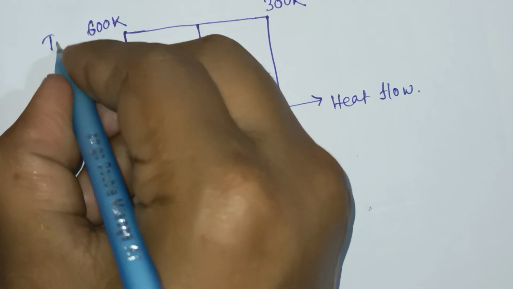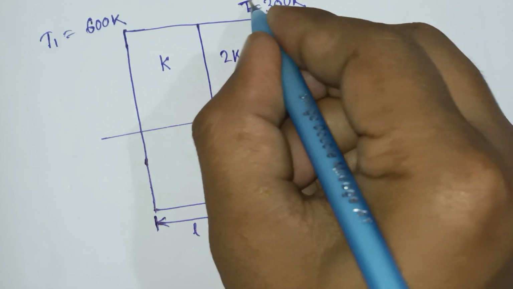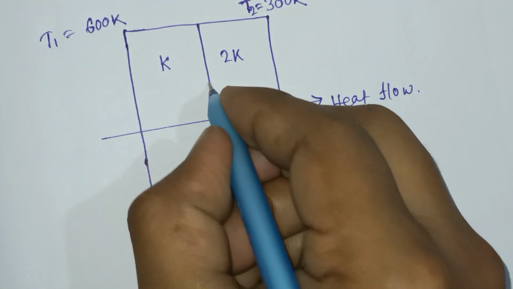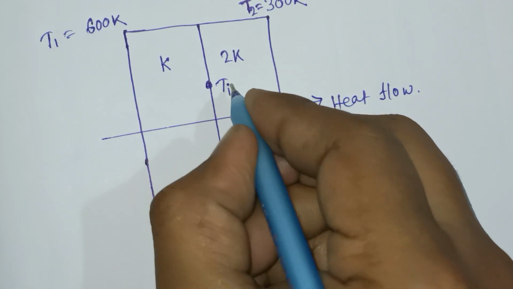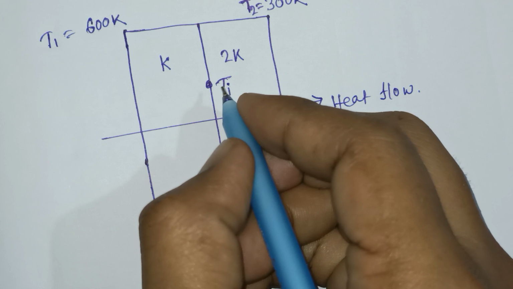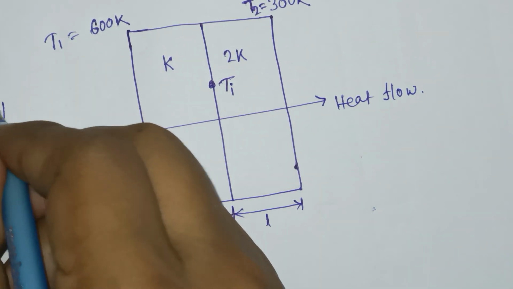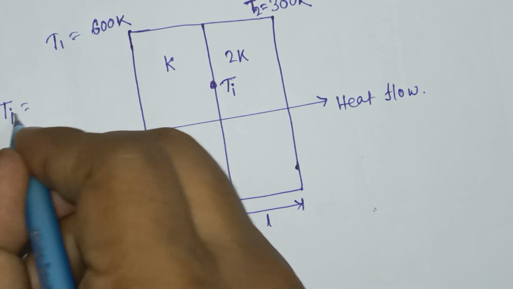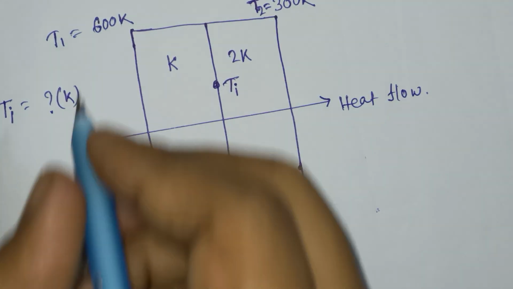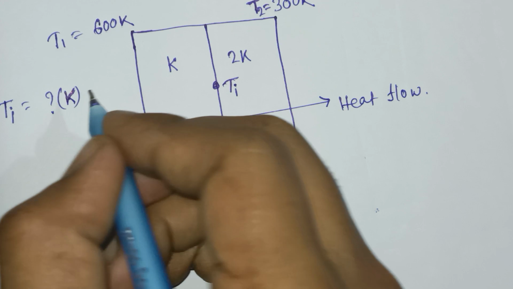Suppose T1 is equal to 600 Kelvin and T2 is equal to 300 Kelvin. You have to find out the interface temperature Ti in Kelvin.